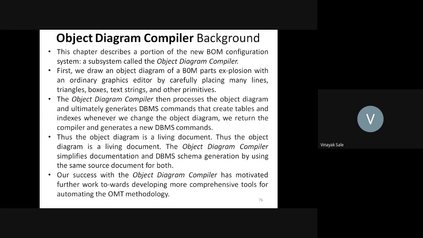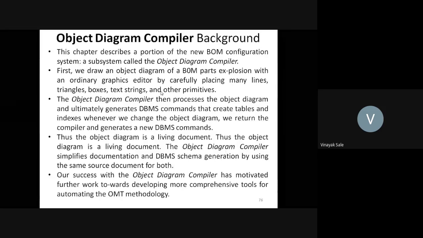So this chapter describes a portion of a new bill of material configuration system, a subsystem called the object diagram compiler. First, we draw an object diagram of the bill of material parts explosion with an ordinary graphics editor by carefully placing many lines, triangles, boxes, text strings, and other primitives.